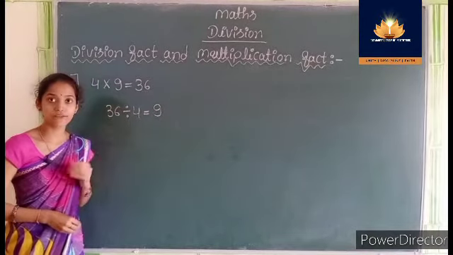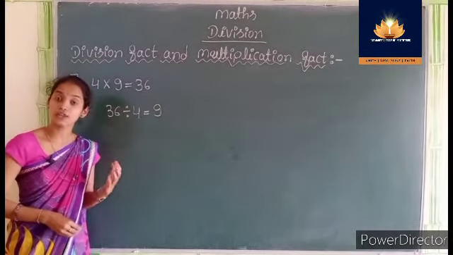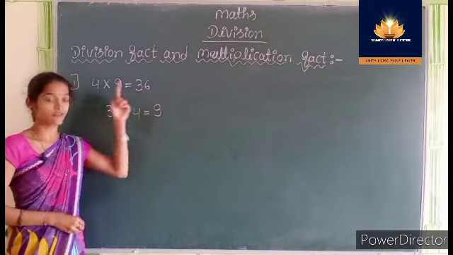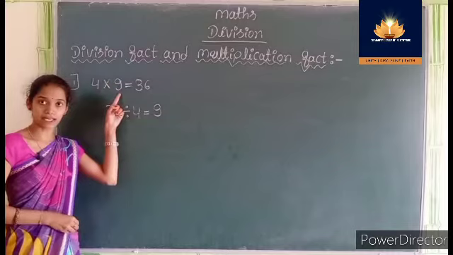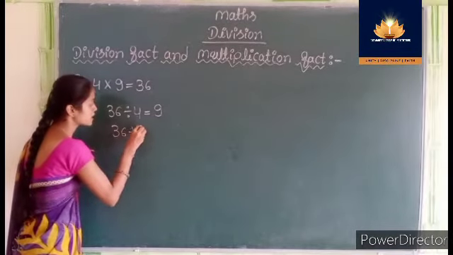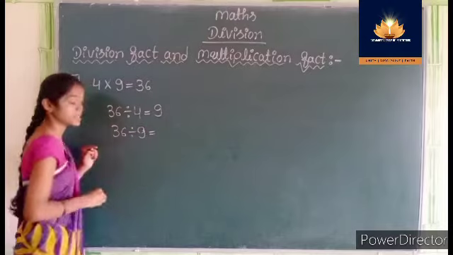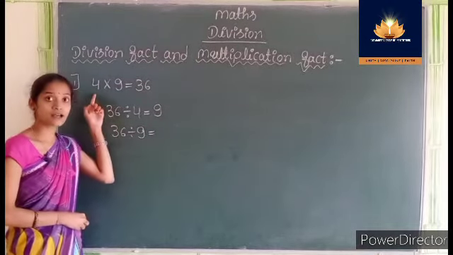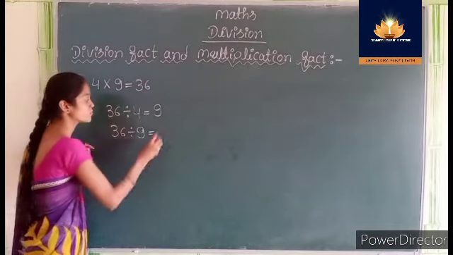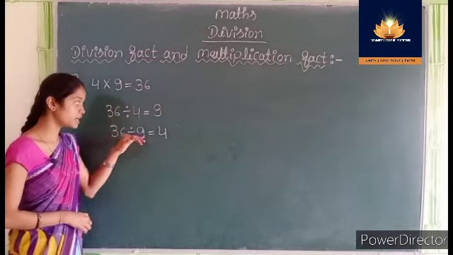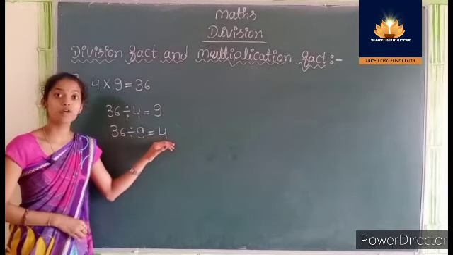Okay, this is one of the division facts, and we can generate another division fact. Okay, product divided by multiplier. 36 divided by 9 is equal to multiplicand, right? Here the multiplicand is 4. We get 4 as answer. 36 divided by 9 is equal to 4.